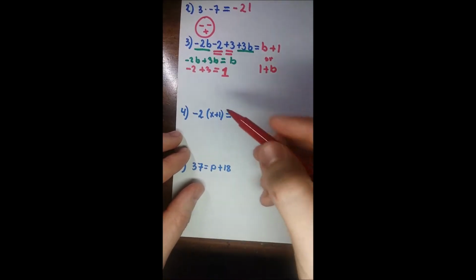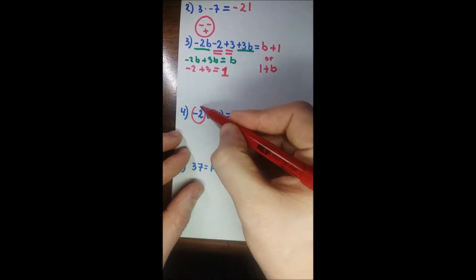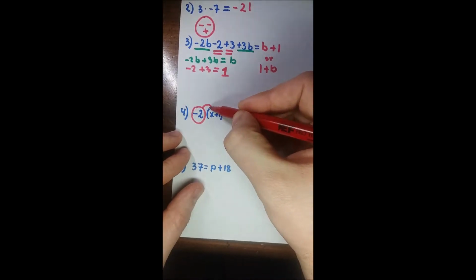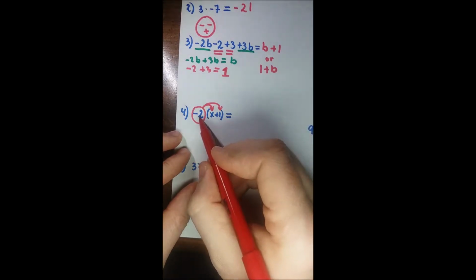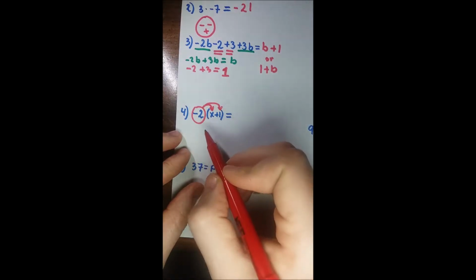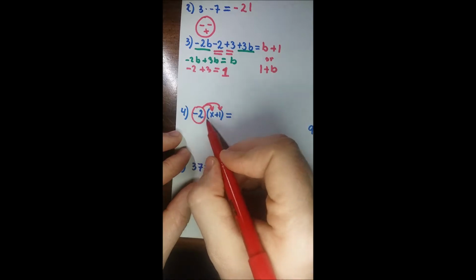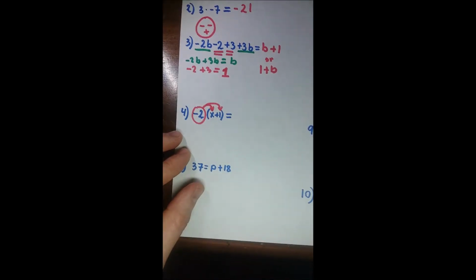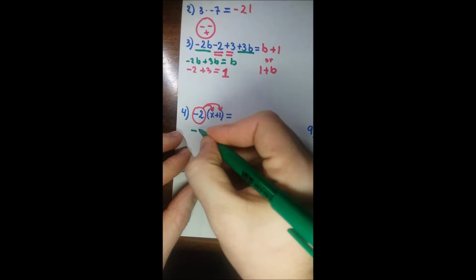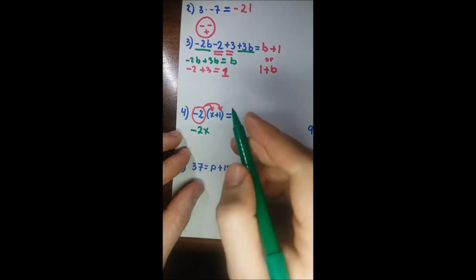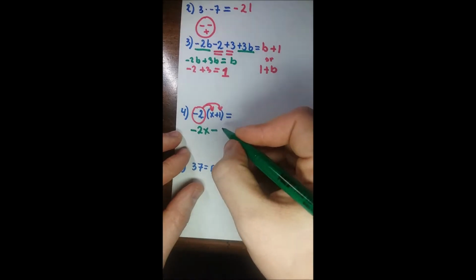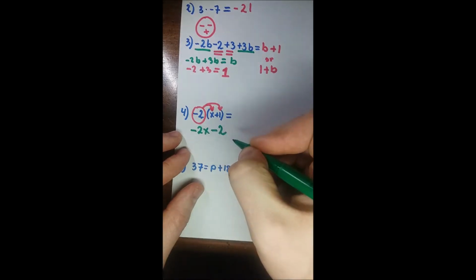Question number 4. This minus 2 needs to be multiplied into this parenthesis. Notice if there's no sign between the number and the parenthesis, it's always a multiplication. So minus 2 times x is minus 2x. Minus 2 times positive 1 is, again, negative 2.